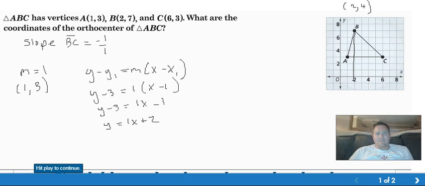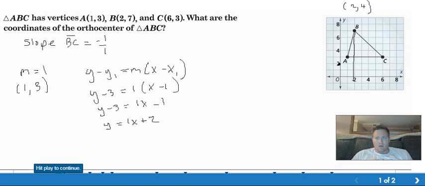Alright, so if I graph this line right here, this will give me that perpendicular line that I'm wanting. So if I start at 2, that's where my y-intercept is right here, and my slope is 1 over 1. I go 1 over 1, and there's a dot right there. That should go through.